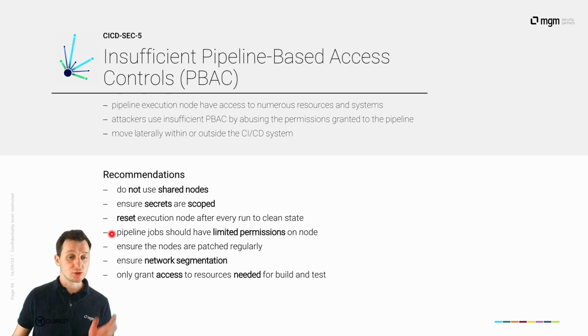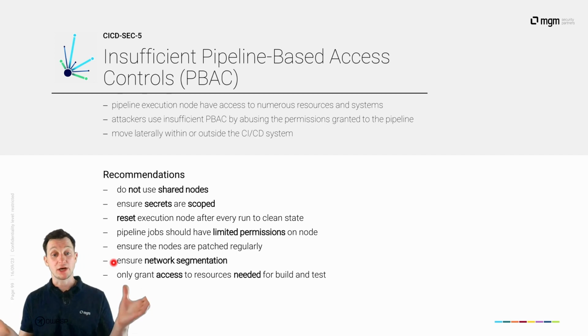You should ensure, of course, that the nodes are patched regularly. Ensure that the network is segmented. Network segmented in this case means we always discuss you stealing some secret as an adversary, but it could also mean that you try to get access to some internal server, some server that only the build system has access to, because it is in some network segment where this access is granted.